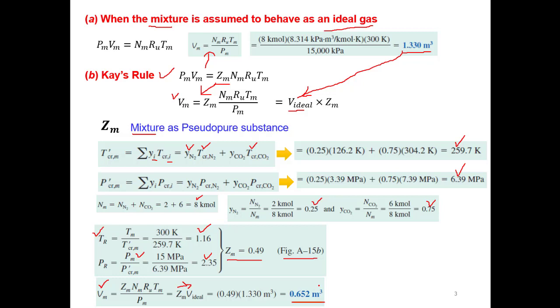This was part B. Now, by following the same procedure, calculate the volume of the tank using Amagat's law. In Amagat's law, again, we know that we have to consider the real gas behavior, that is, Pm Vm is equal to Zm Nm Ru Tm, not using the ideal gas behavior but the real gas behavior.